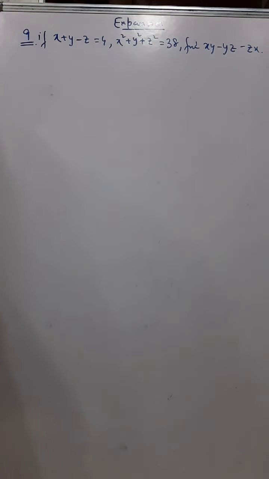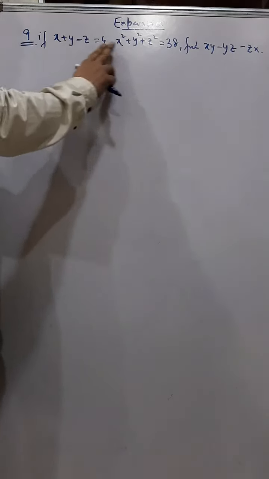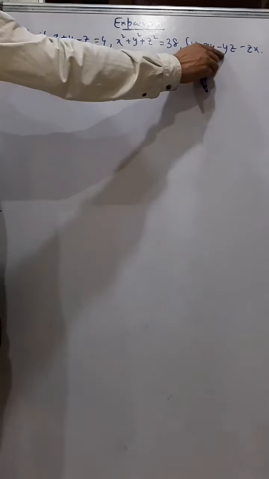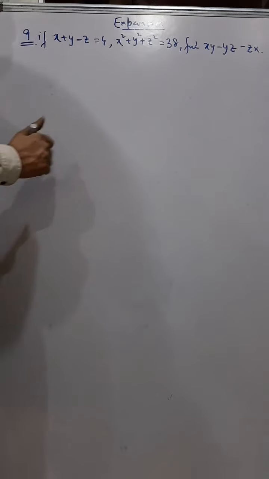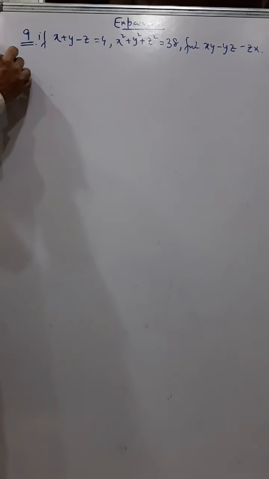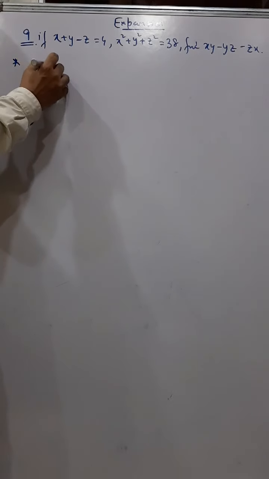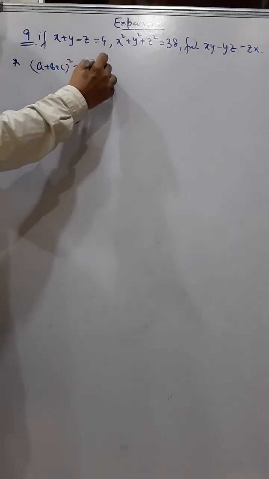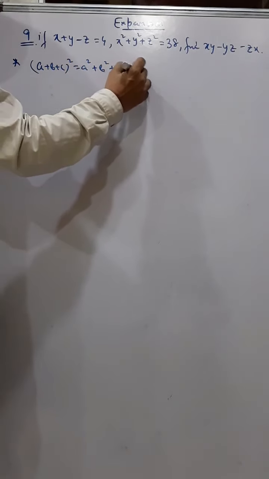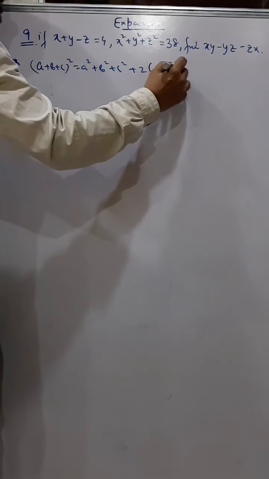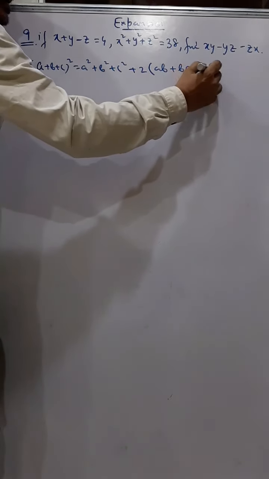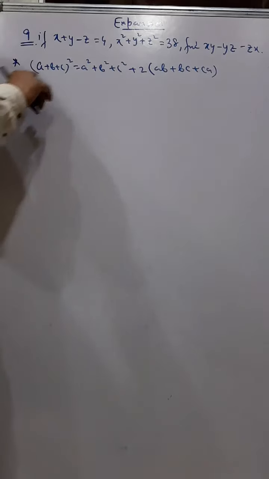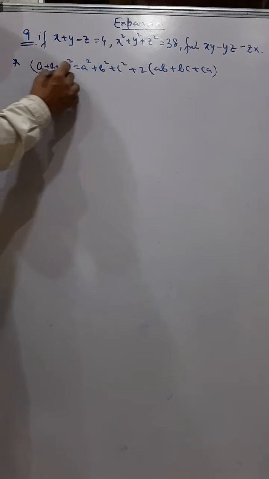Okay, this is the last type of sums for expansion. Here you can see they have given these two values. You have to find this. Now we are using the a plus b plus c whole square formula, that will be a square plus b square plus c square plus 2 in bracket ab plus bc plus ca. Now in this formula there are 3 parts.